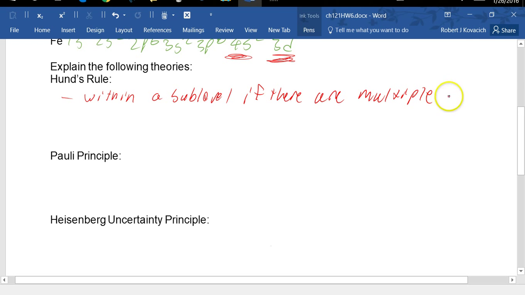Orbitals. If there are multiple orbitals.